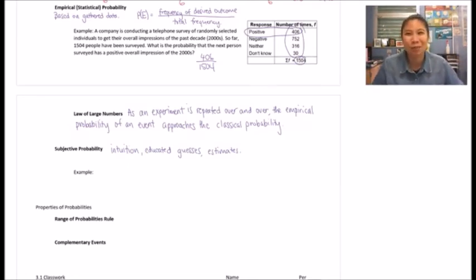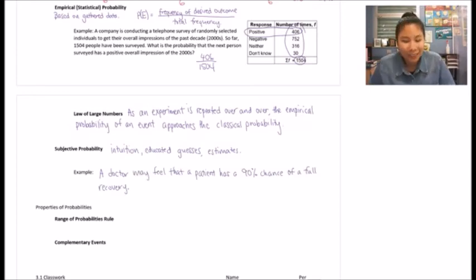That's subjective probability. Another example is that sometimes doctors, based on their experience, might feel that a patient has a 90% chance of a full recovery. Based on their experiences in the past, they're able to make this educated guess about the probability of a full recovery.